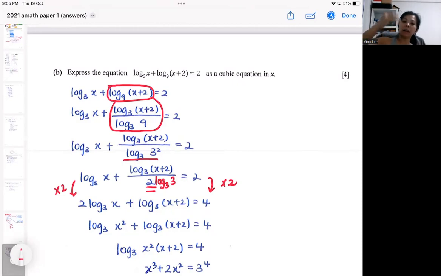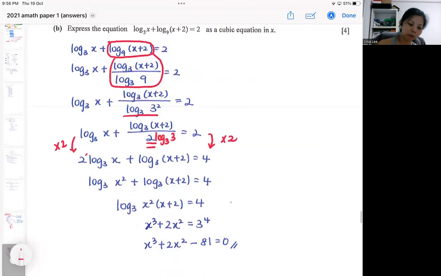A cubic equation is like x cubed followed by x squared or something like this, as long as you have an x cubed. Then show the step by step: bring up the power, and when you see a log plus log, you will apply your logarithm rule. Log plus log will give you a product. That's how the product happens.